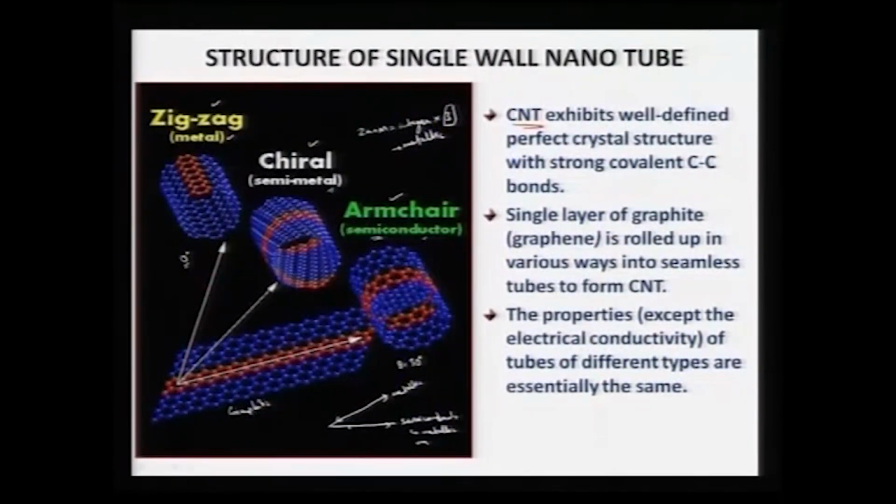Carbon nanotubes exhibit a well defined perfect crystal, with covalent carbon to carbon bonds, and this graphite is now rolled in various ways. I can roll it like this to get the armchair type of configuration. In that manner I can roll it to get a zigzag kind of structure when I roll along the 0 direction, joining this end with this end.